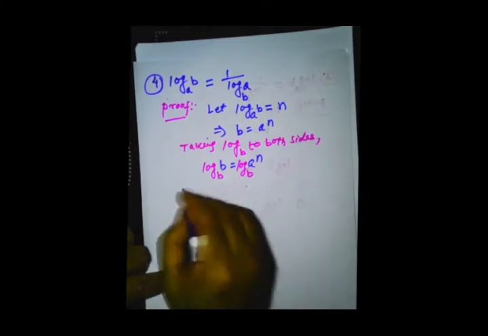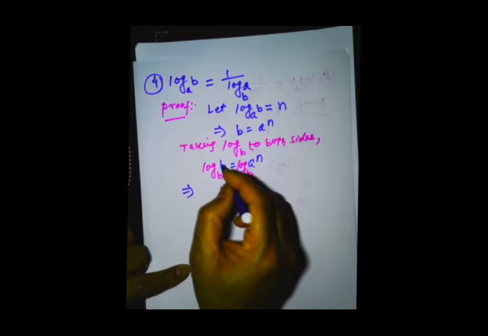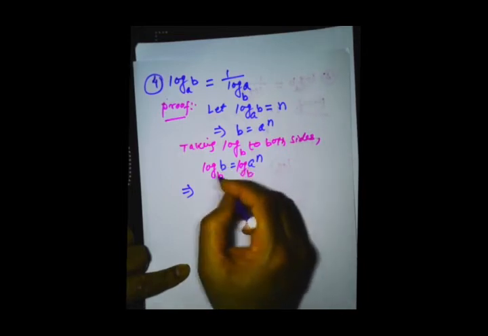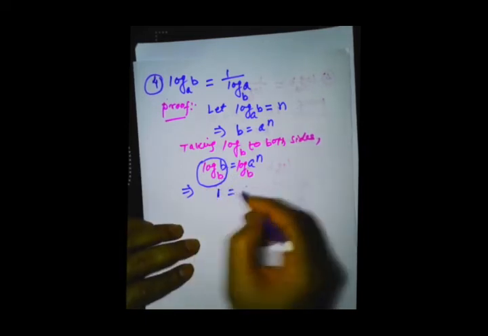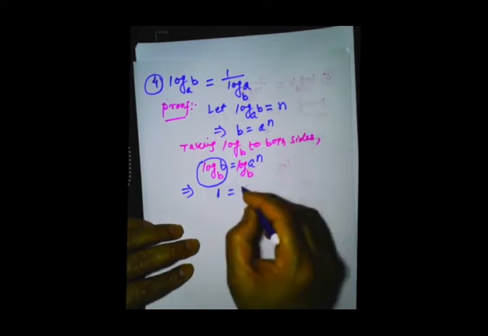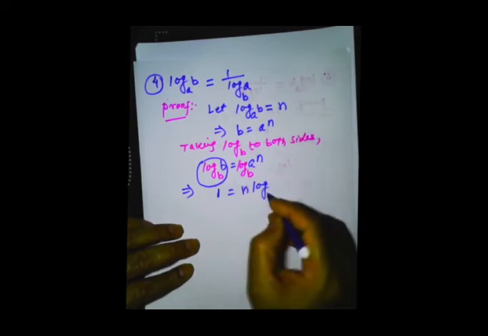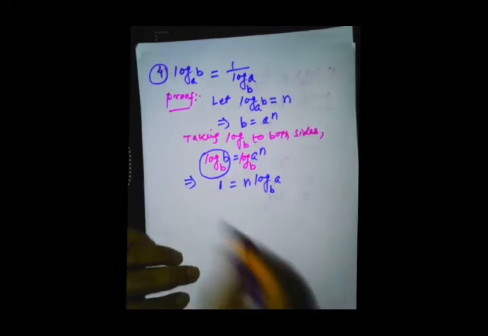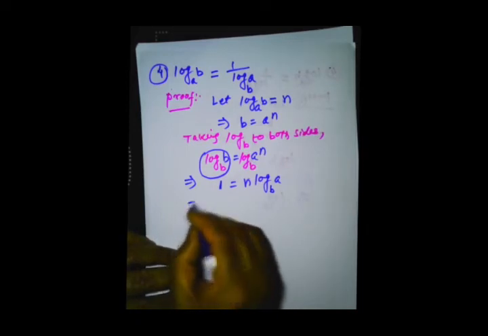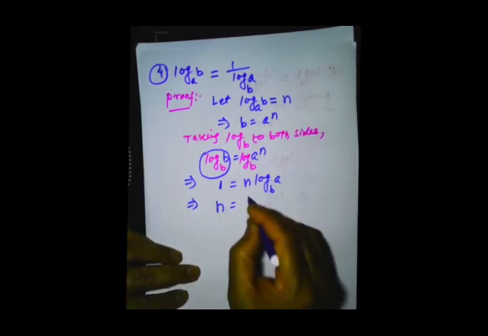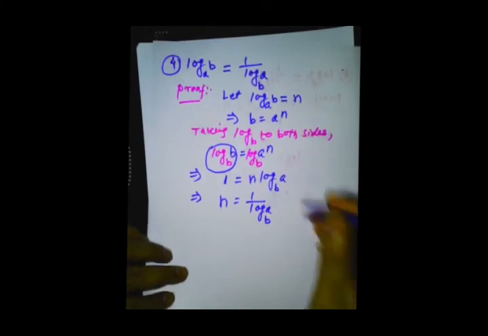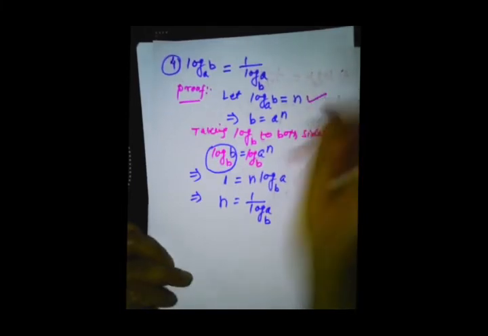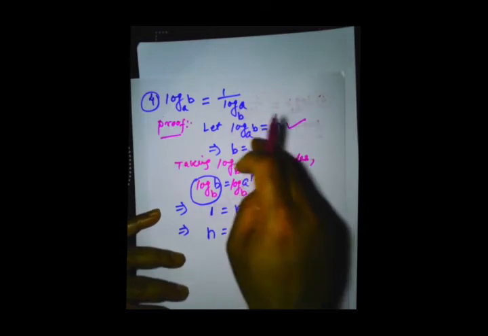That's all right. Now if you move forward to this step, you can see that the given number has the same base, so the value of this log is 1, and here if you apply the power rule, your n will be here, and you have log base b of a here. So in that case, n is going to be 1 divided by log of a to base b, and n you have already supposed as log a for the number b.